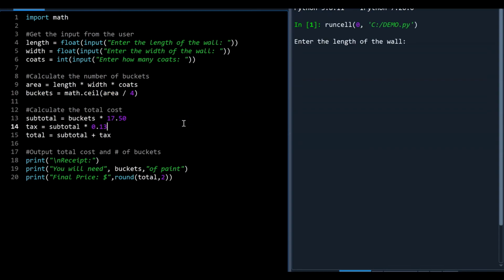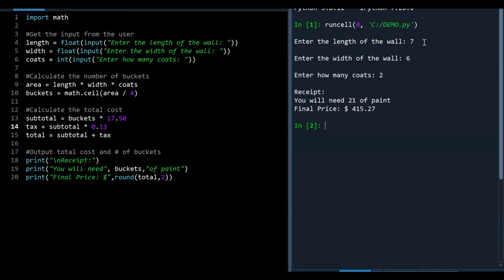So you could pick numbers that might make sense, or that you could easily do the calculations on. So if I were to have a 7x6 wall with 2 coats of paint, I would need 21 buckets of paint.